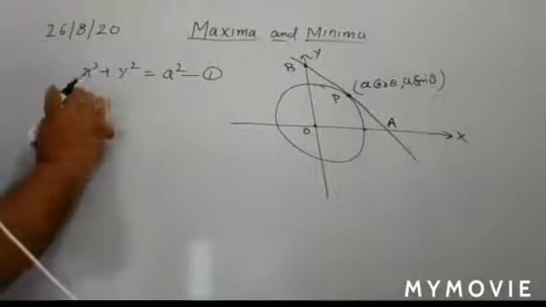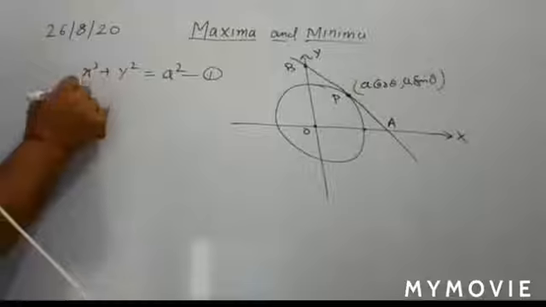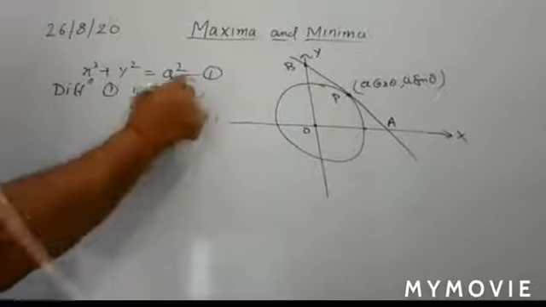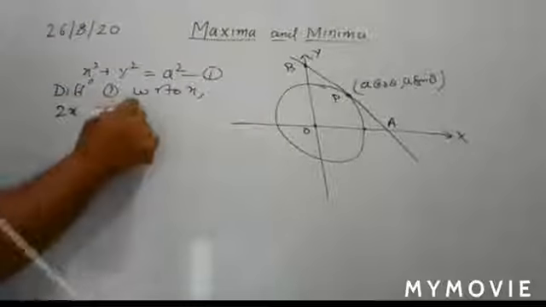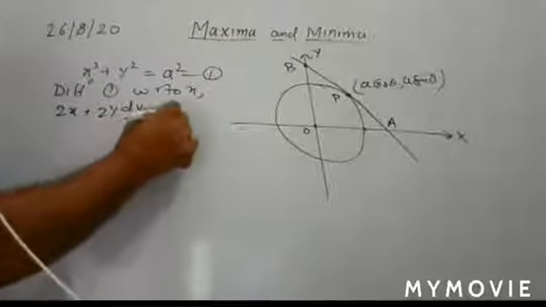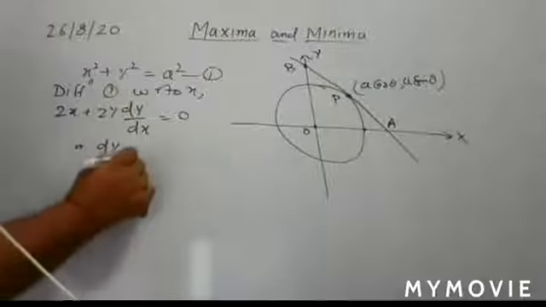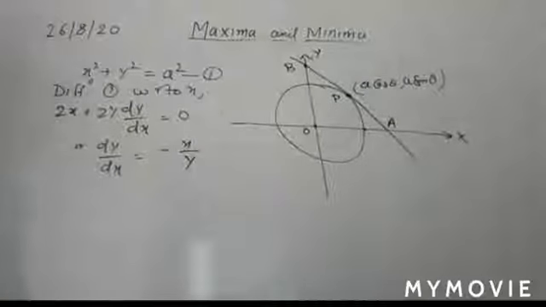So first you try to find the equation of the tangent to the circle. You differentiate equation 1 with respect to x. So 2x plus 2y dy by dx is equal to 0. So the value of dy by dx is equal to minus x upon y. That gives the value of dy by dx.